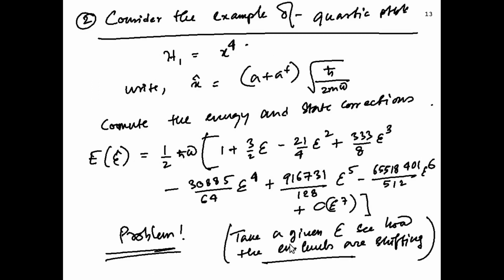Okay, now let's look at this other problem. I will not solve it explicitly, because you can apply the same technique, using the a dagger form for the x to the power 4 potential, but I will tell you about the interesting features of this solution. This is a very famous problem, and many papers have been written on it.